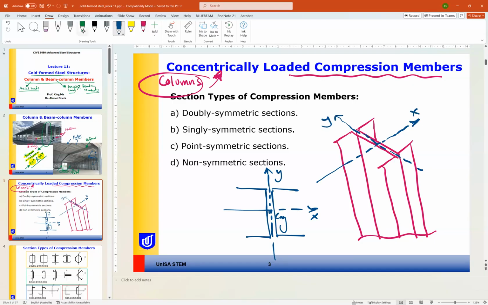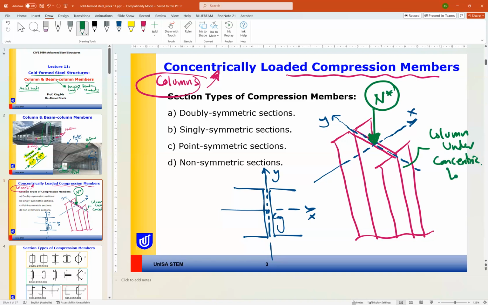So concentrically loaded column, what does it mean? This means that we have load acting here. We have only N asterisk acting here. So this one is a column subject to concentric loads.